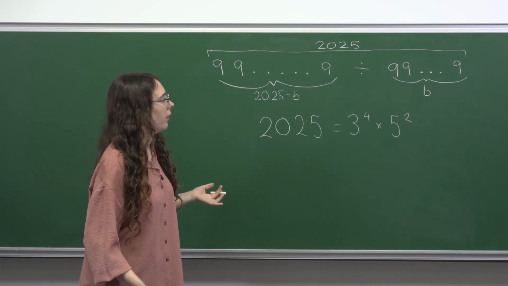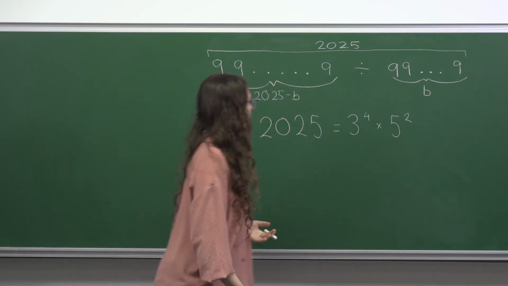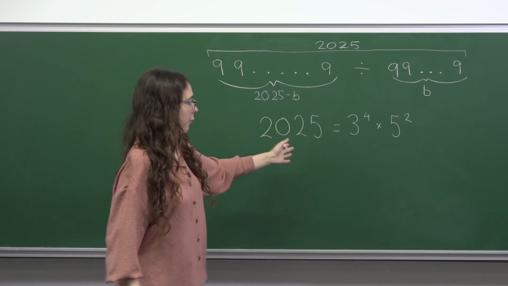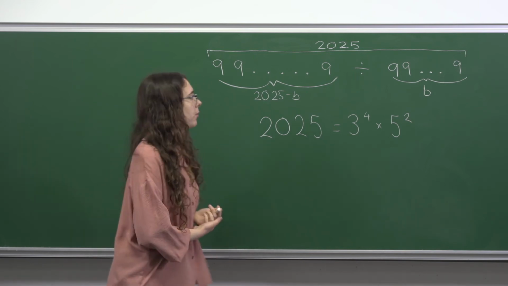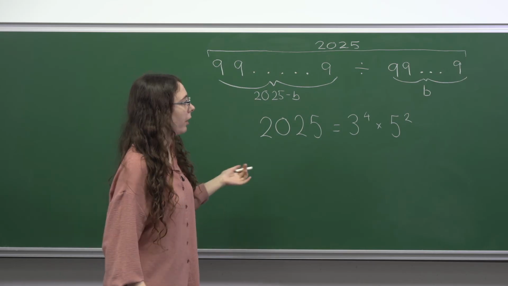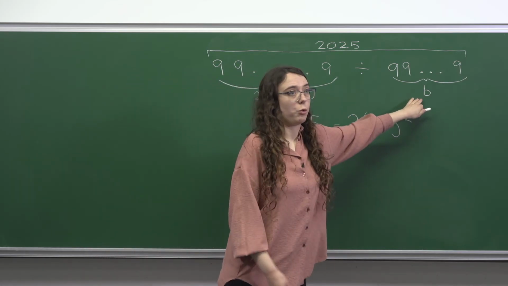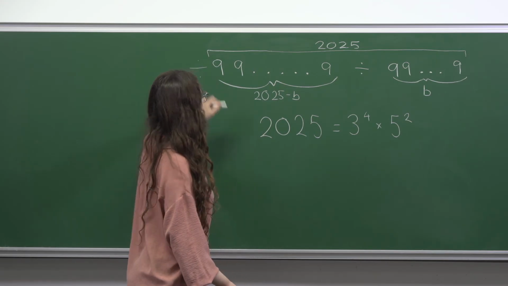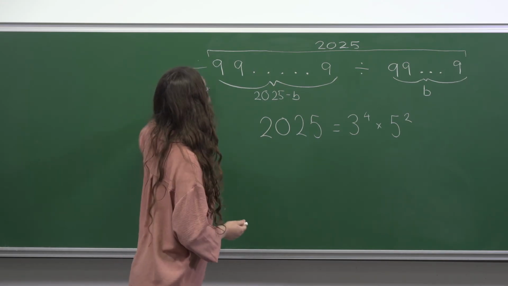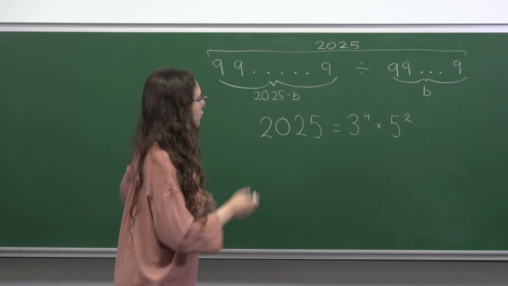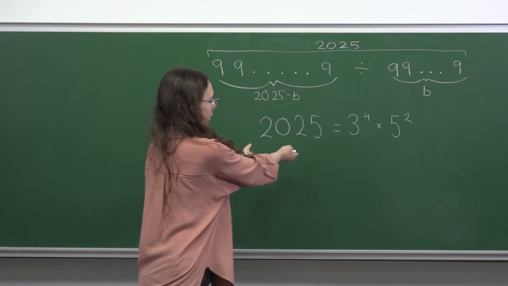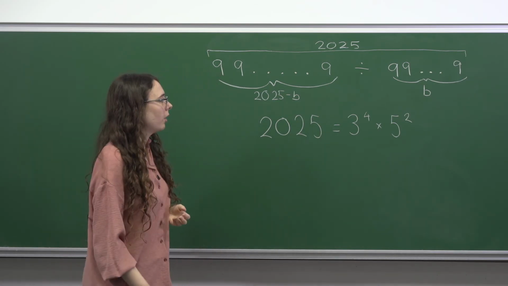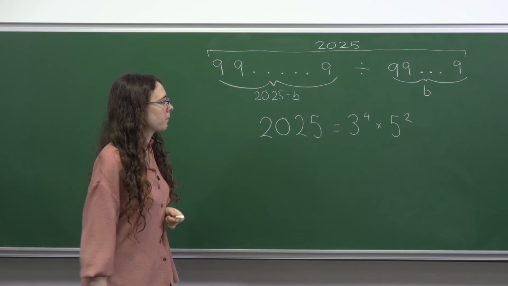And so to work out how many choices of b there are, we're really interested in how many factors does 2025 have. Now note that we can't actually take b equals 2025 because that would be like putting the division sign over here, which is clearly not okay. So we're looking at how many factors does 2025 have other than itself.